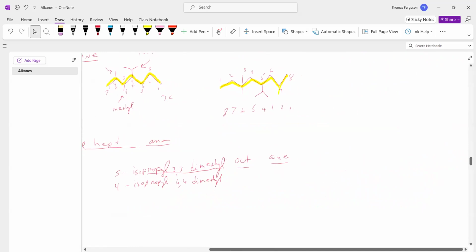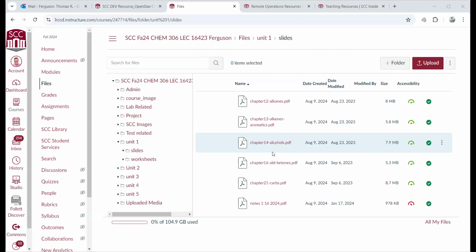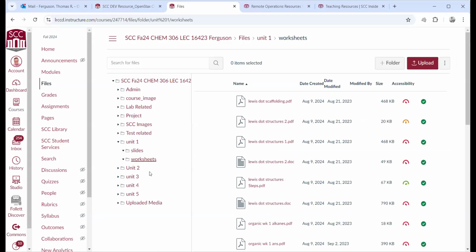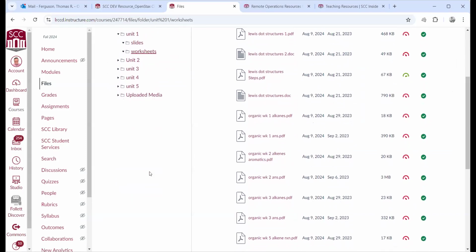Well, I want to stop for a second. Remember, if we go to Canvas and go over to Unit 1 worksheets under Files, I have some additional worksheets for practice as well.